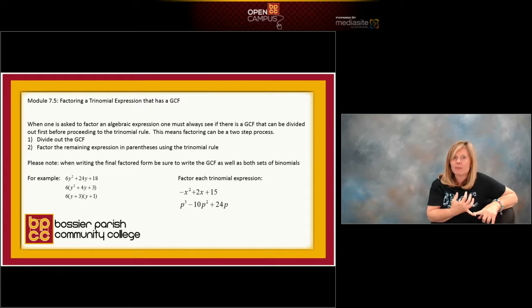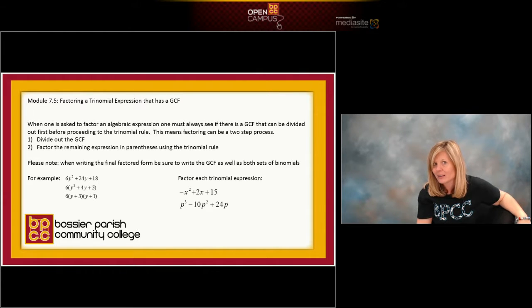Positive 18 divided by 6 would be the positive 3. So that's the first step I did: I looked at those 3 terms, I saw they had a 6 in common, I divided out my GCF as 6, and it left me with y squared plus 4y plus 3, which is still a what? It is still a trinomial.